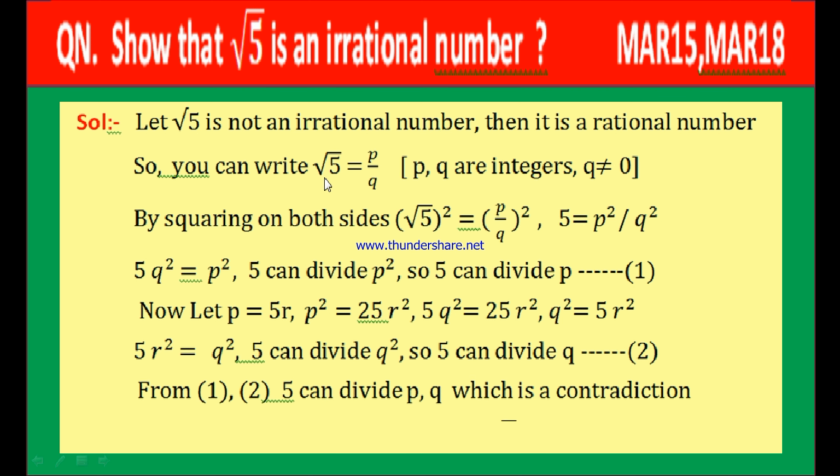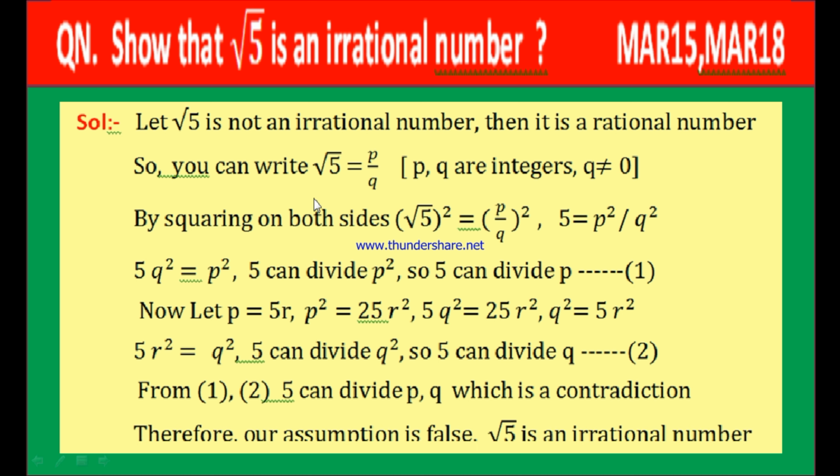Again, as you find a square root on LHS, let us square on both sides. By squaring on both sides, LHS whole square is equal to RHS whole square. Root 5 whole square is 5, equal to p square by q square. Take this q square to the other side. Then 5q square is equal to p square.